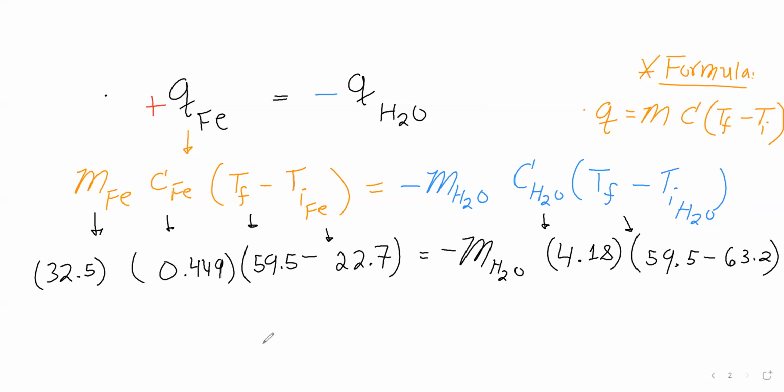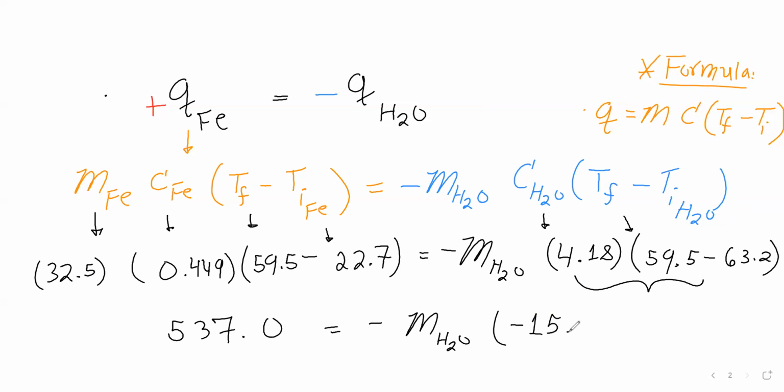Multiplying everything on the left side gives 537.0 equals negative M. And when I take this product on the right, we get about negative 15.5.